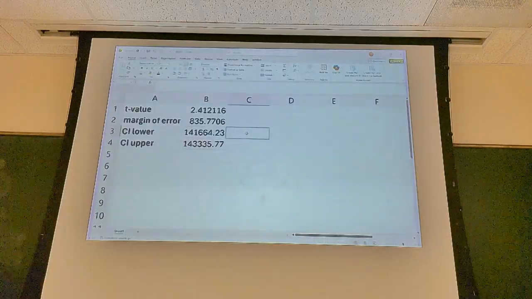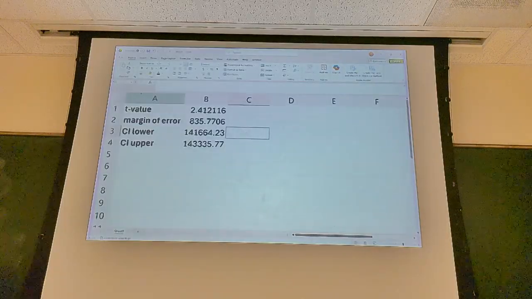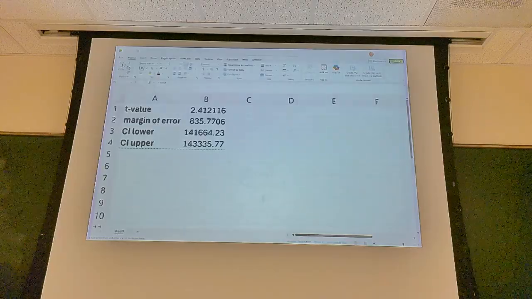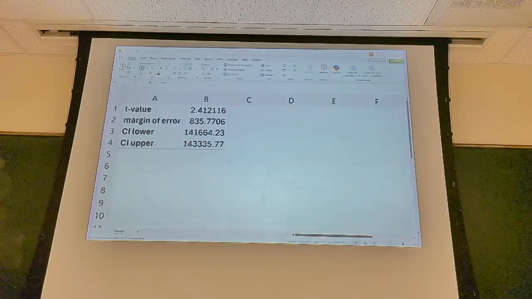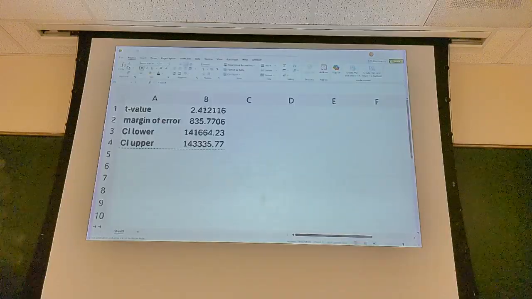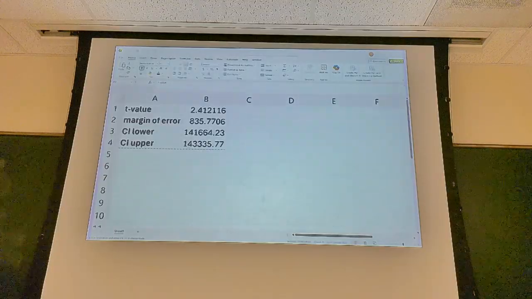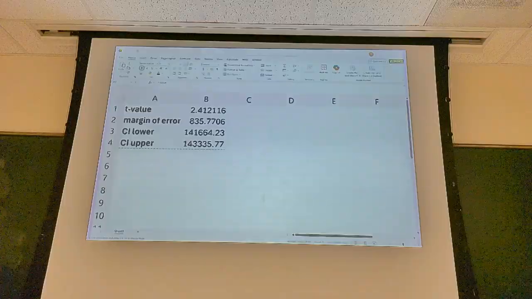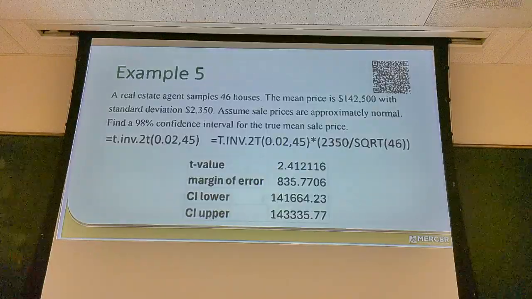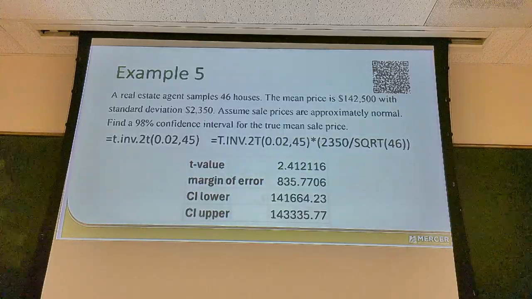There we go. So you won't need to actually find the t-value. I'm just putting it on there to show you that's how you would find it in Excel.